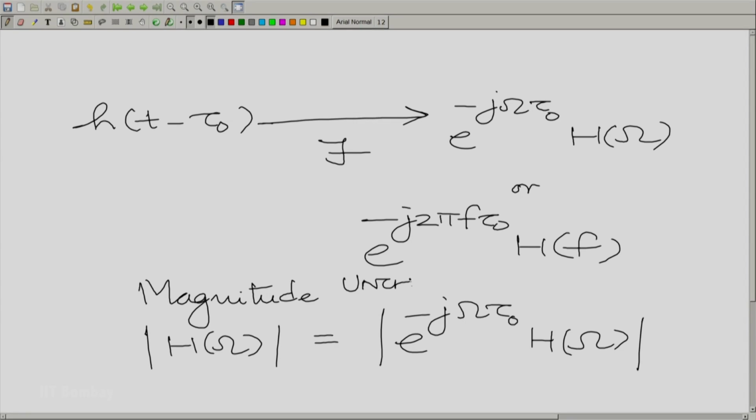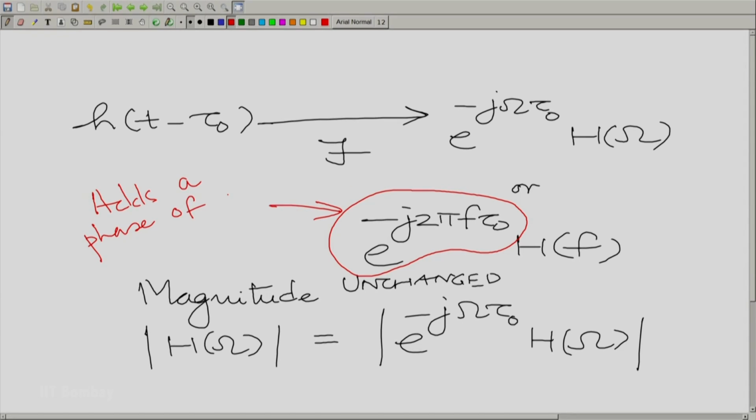The magnitude is unchanged, and the role played by this multiplying factor is that it adds a phase of 2 pi f tau 0 or omega tau 0 to the Fourier transform. So, it is very interesting.